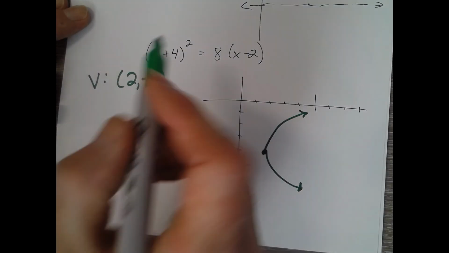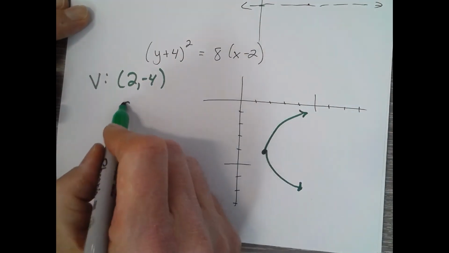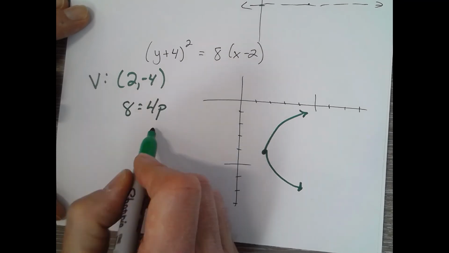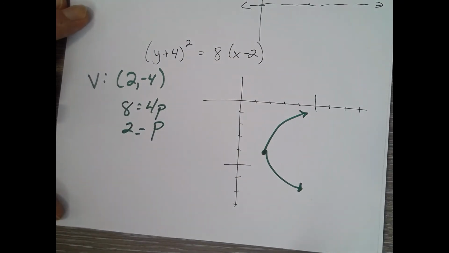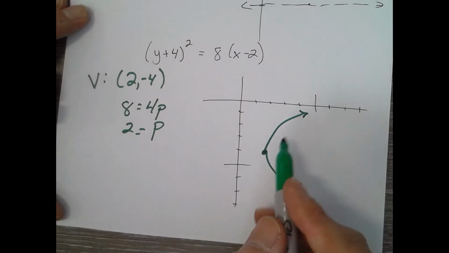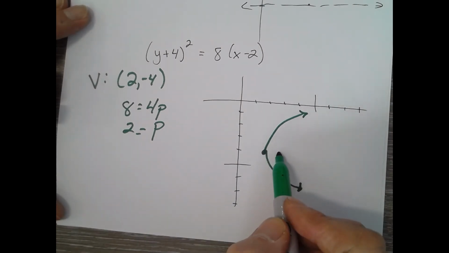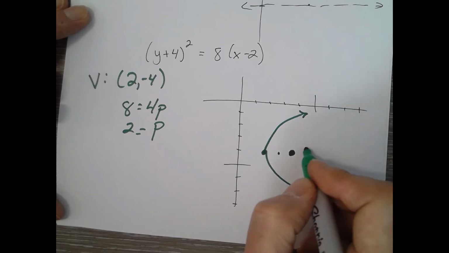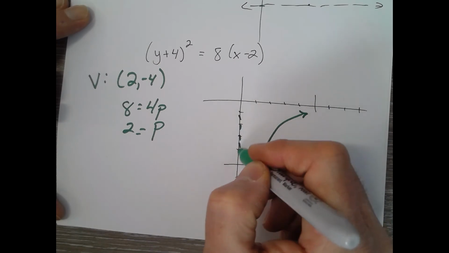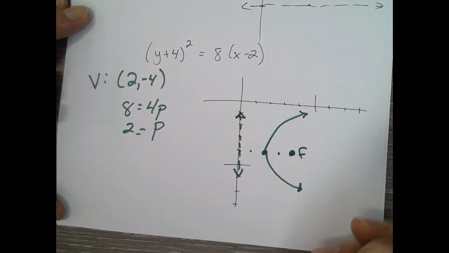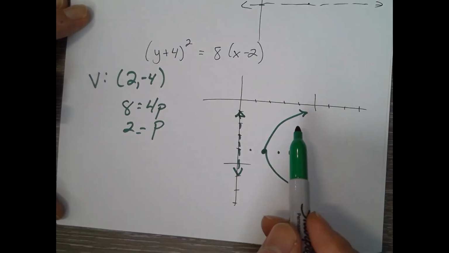So then you can take that 8 and set it equal to 4p, so p is 2. So go right 2, there's my focus, and left 2, here's my directrix, right on the axis actually.